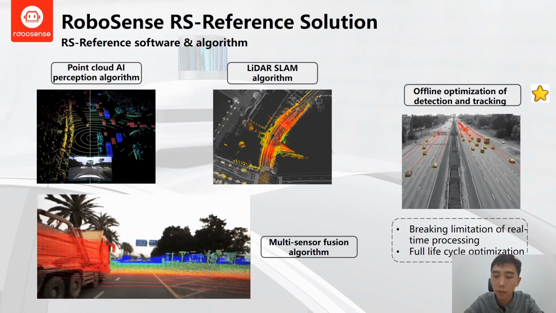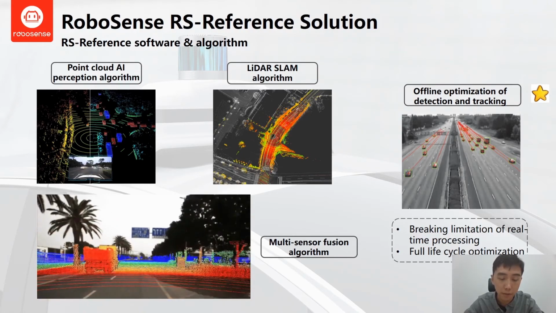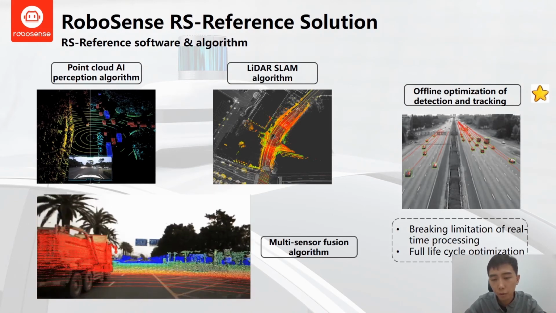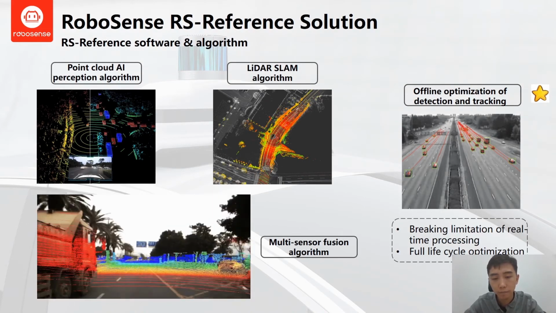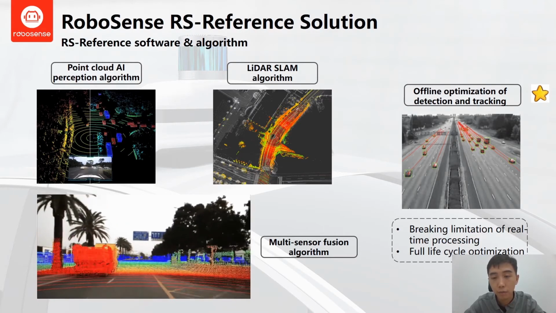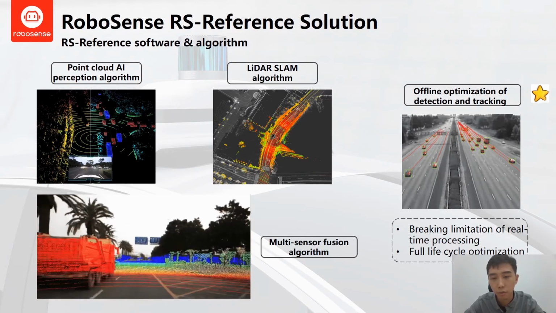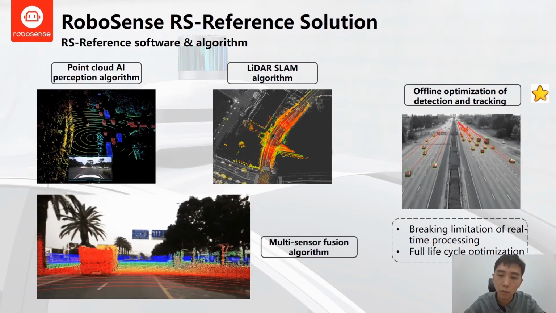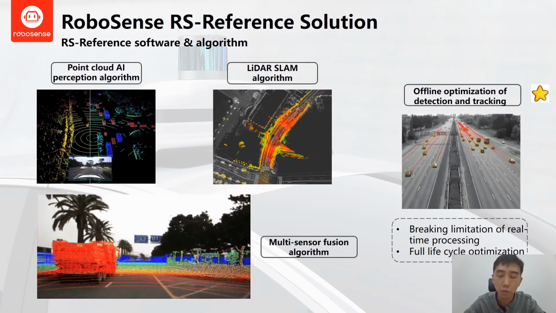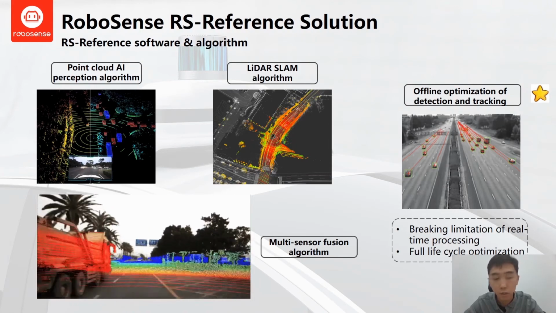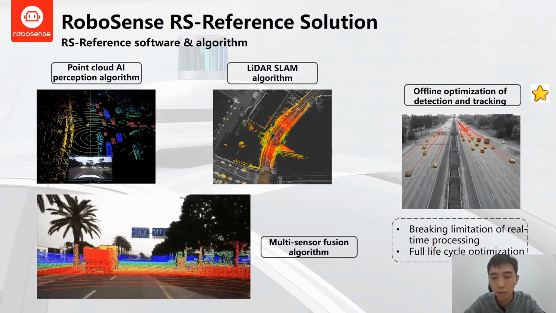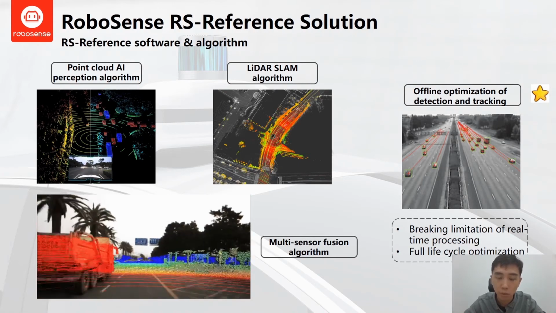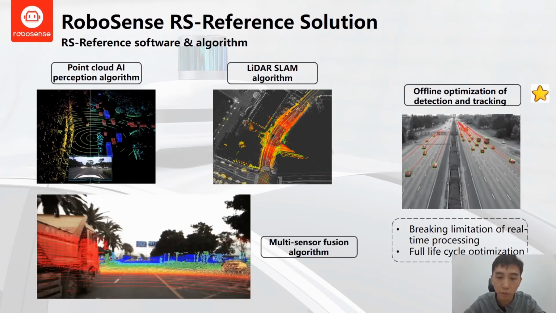The second one, full life cycle optimization. For real-time processing, usually we use the current frame to do all the perception work. What's more, maybe we can use some history frames together as a sequence. That's the most we can do.